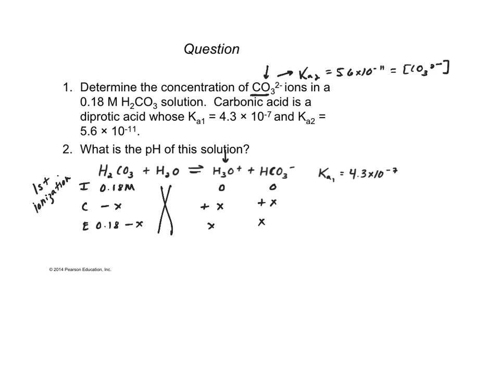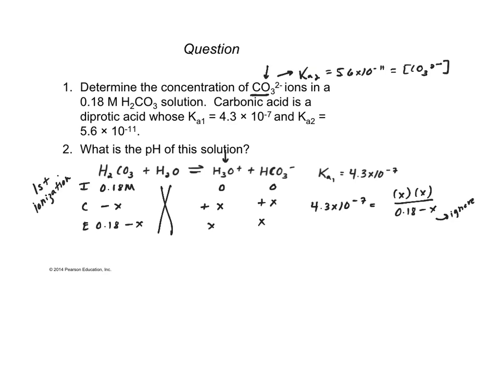So now to solve for x, what do I do? I take my values at equilibrium in terms of x. I plug them into my Ka expression, right? I have the value for Ka. So 4.3 times 10 to the minus 7th is equal to x times x all over 0.18 minus x. Again, a very smart thing to do here would be to ignore this tiny x.